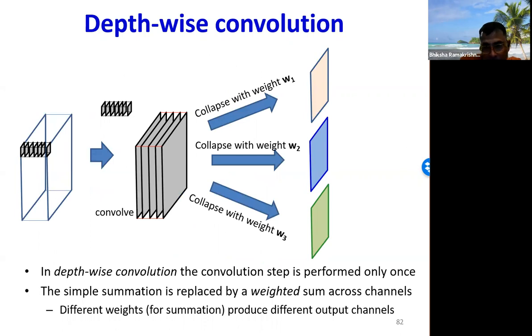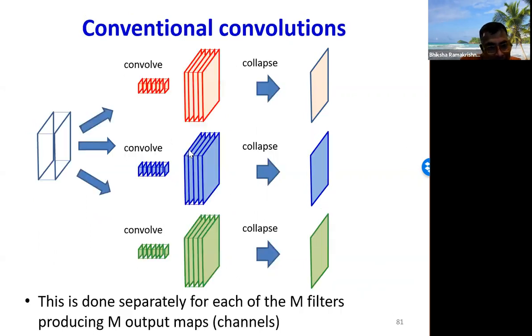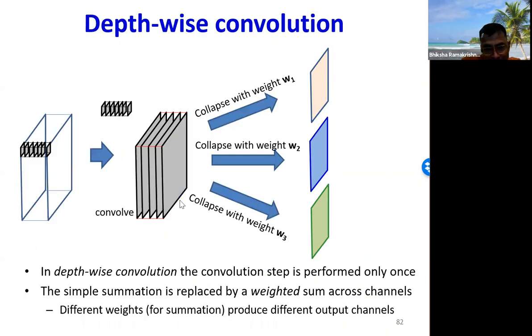In depth-wise convolutions, instead of having a separate stack of planes for every map computed by every filter, which is subsequently collapsed, we produce one common stack of convolved maps.